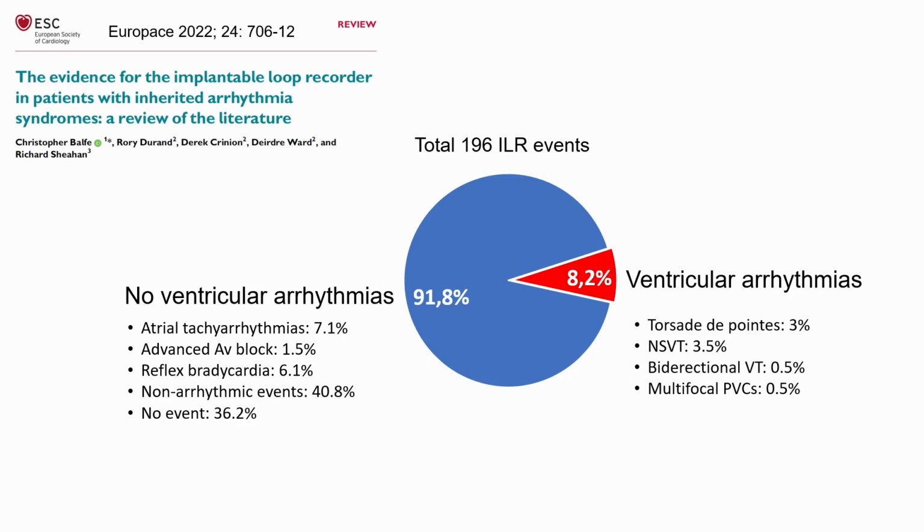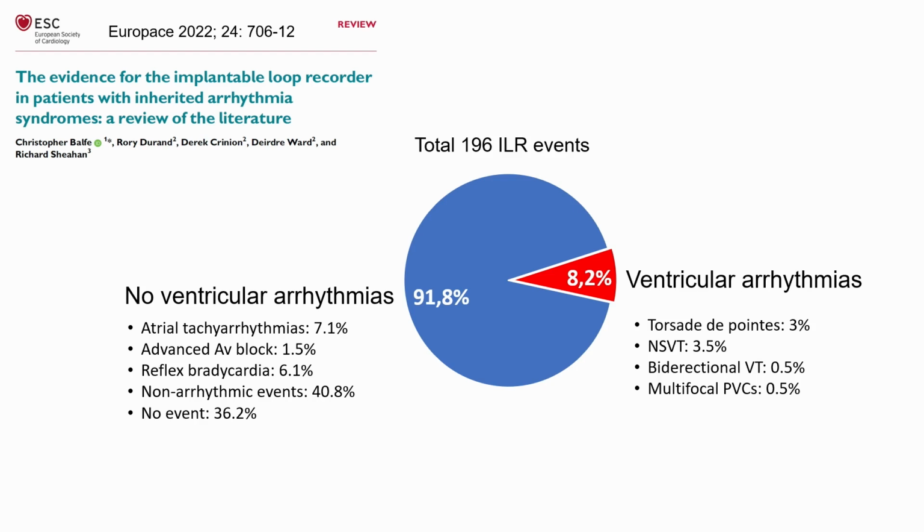Some words regarding loop recorder. Loop recorder has been implanted in patients with inherited disease. And in 91.8% of cases, no ventricular arrhythmias were detected. So these patients were implanted with a loop recorder on suspicion of ventricular arrhythmias, and this was not the case.